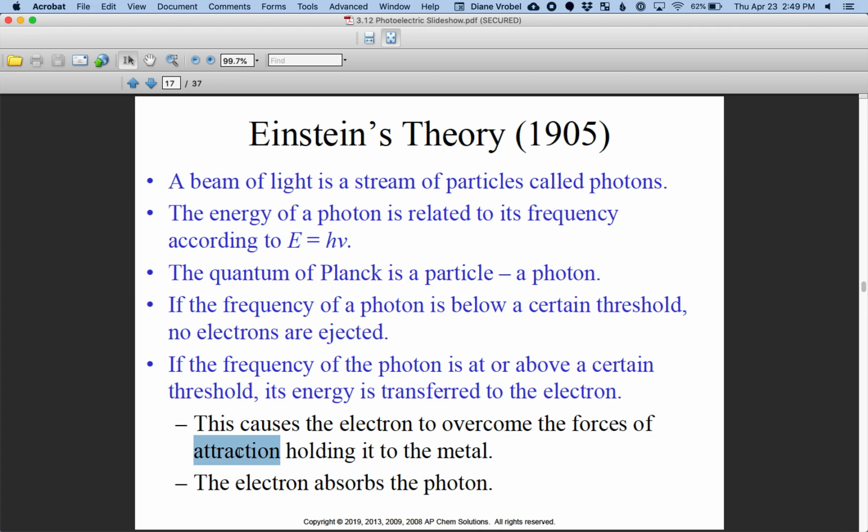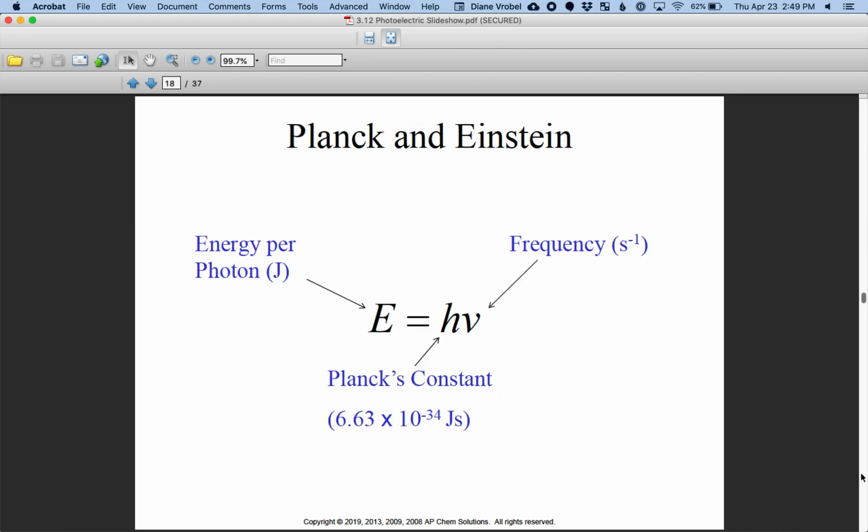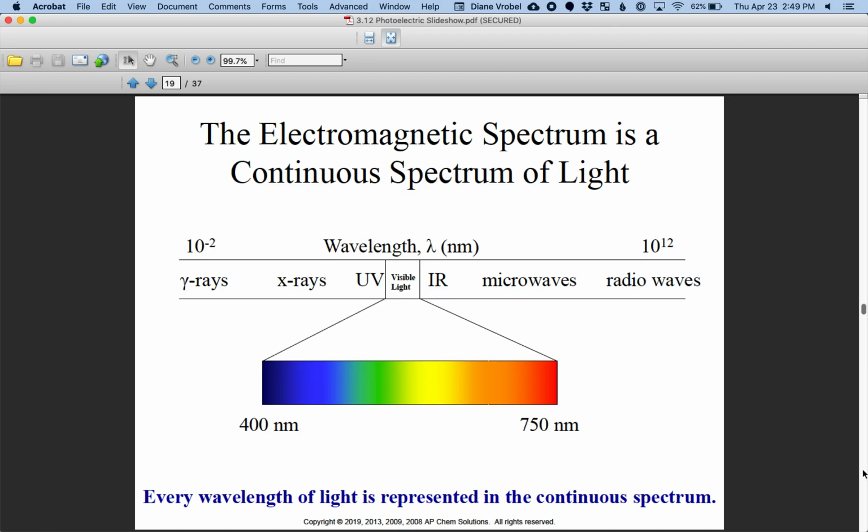The electrons want to stay attracted to the metal, but by adding this energy, it allows those electrons to be released from that attraction. So together, Planck and Einstein form this equation that you saw.